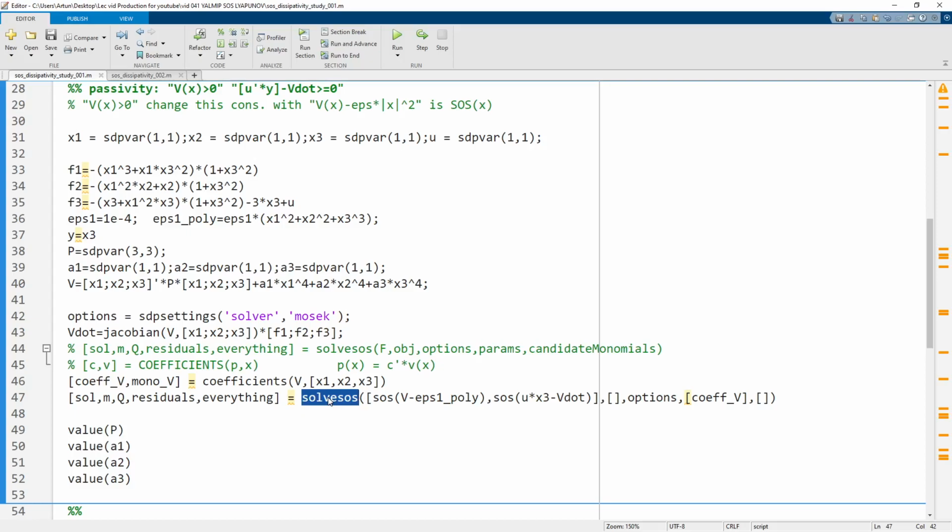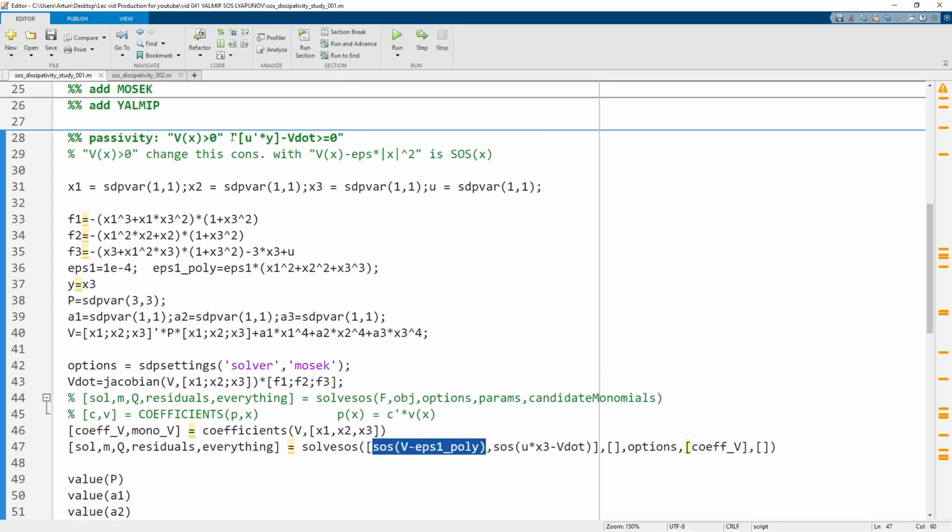We have the first constraint, V of x being positive. We talked about that, and the second constraint is this, the passivity condition: the absorbed energy term must be greater than or equal to V dot, your rate of change of storage function.